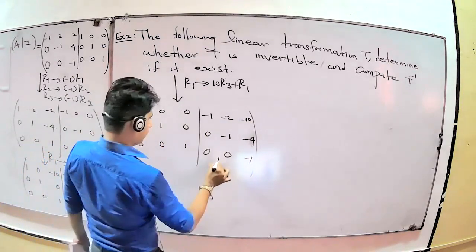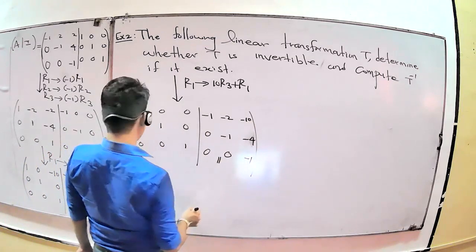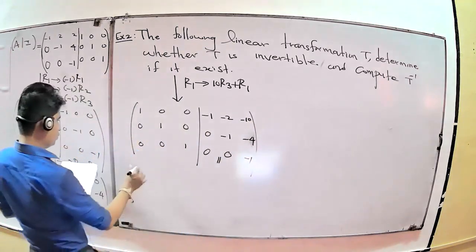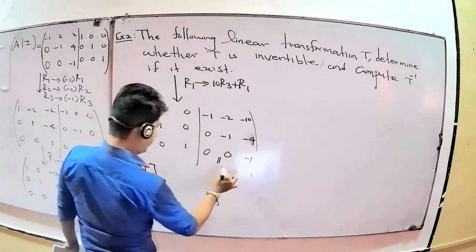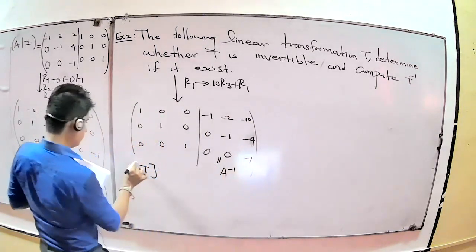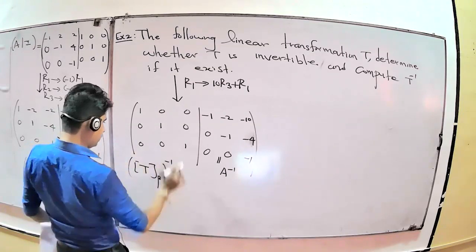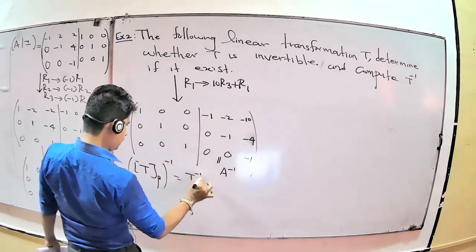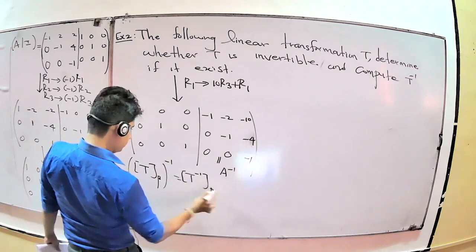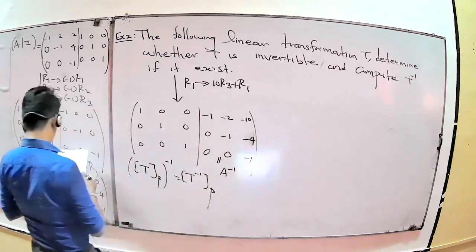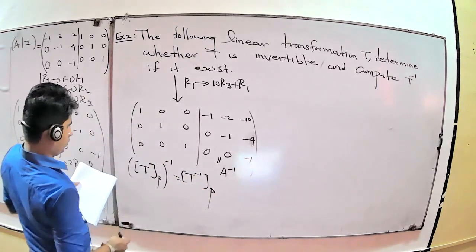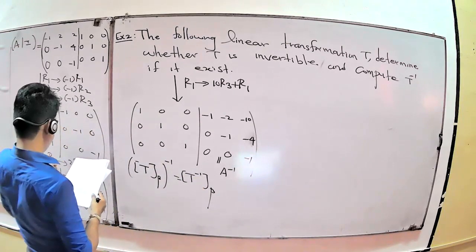It is your A inverse, that means T of beta inverse. Now you found T of beta inverse. A inverse means this T beta inverse. You already studied that T beta inverse equals T inverse beta.